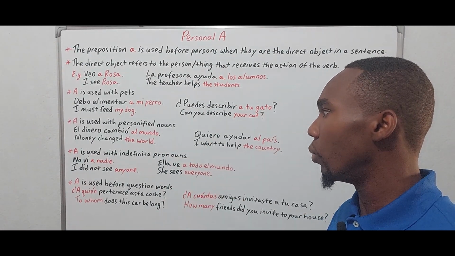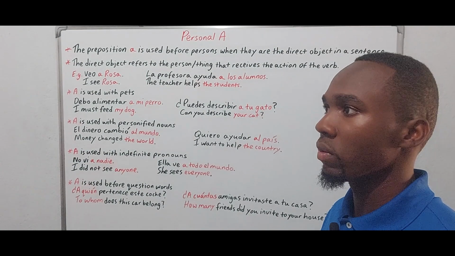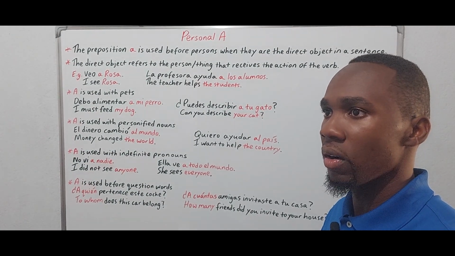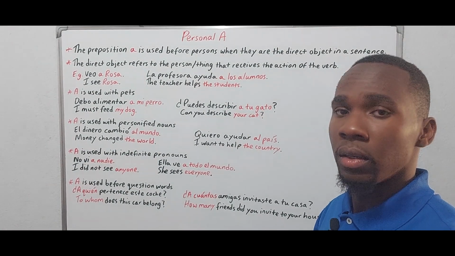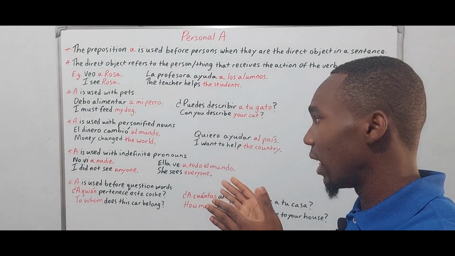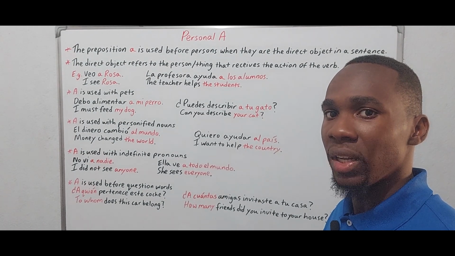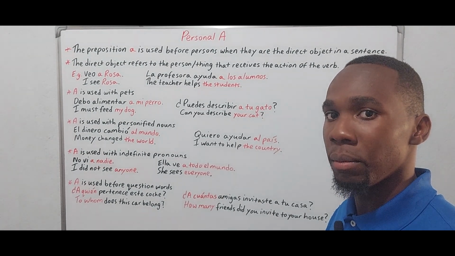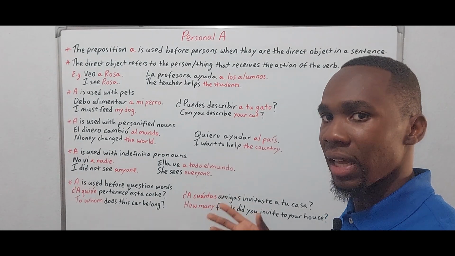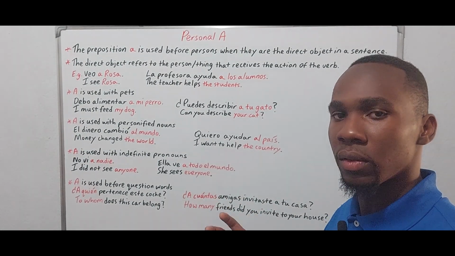If we look at nouns like mundo, world, the world is comprised of cities, land, etc. But we can look at the world as a place which consists of many different people. So in that sense, we can see it as a person, right?